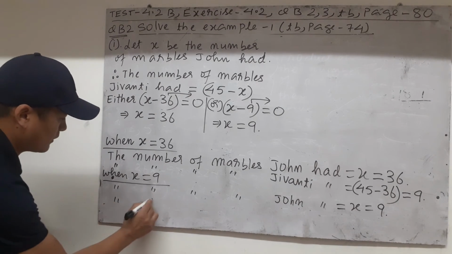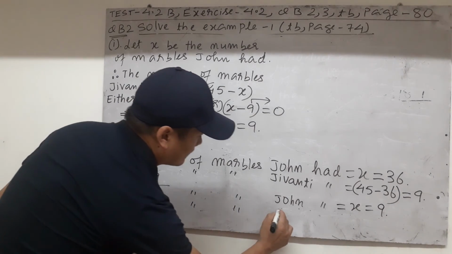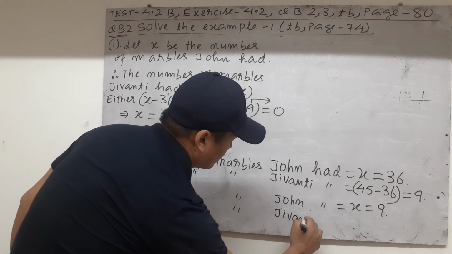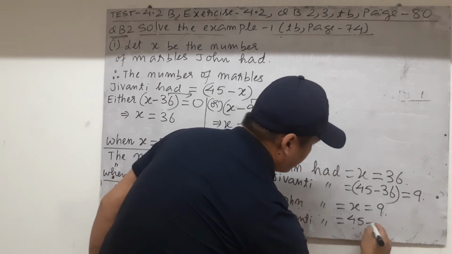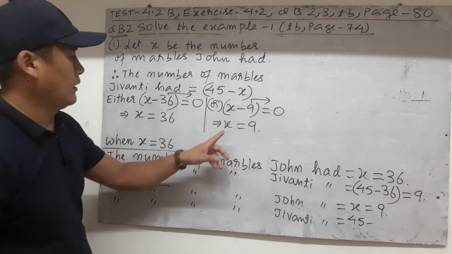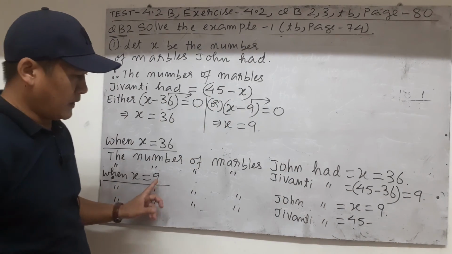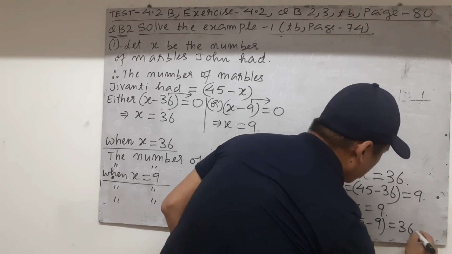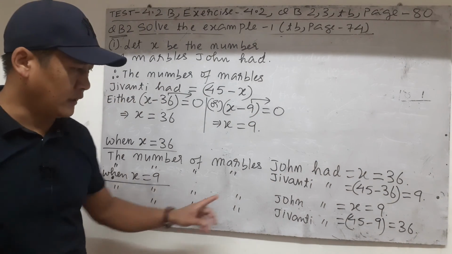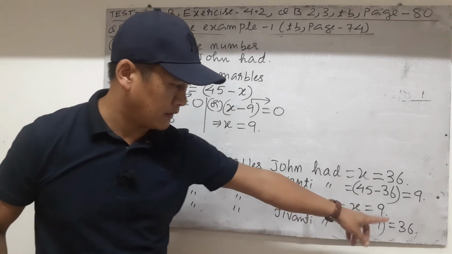Then the number of marbles Givanti had will be equal to 45 minus x. So x is this time 9, so 45 minus 9 will be 36. So when x is 9, John had 9 marbles, Givanti had 36.